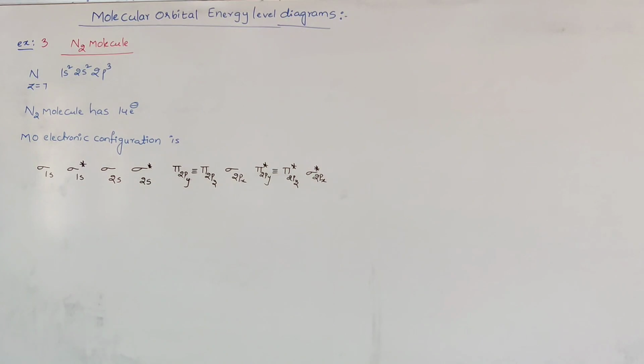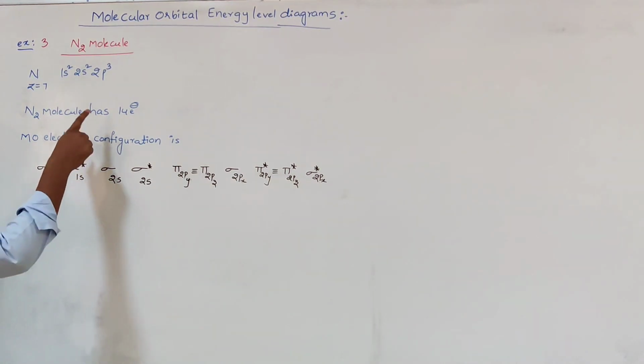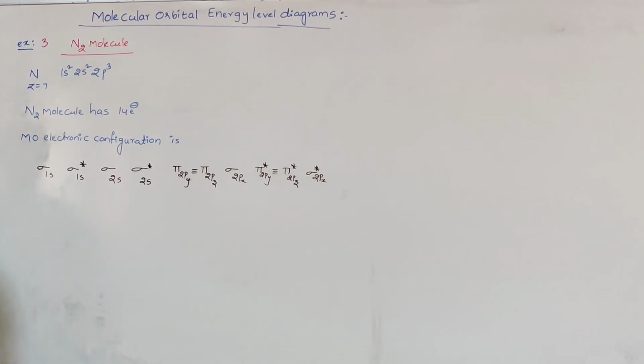This is the electronic configuration of molecules which have less than or equal to 14 electrons.